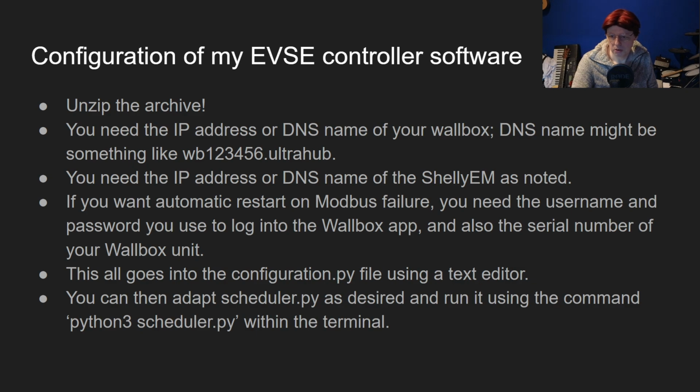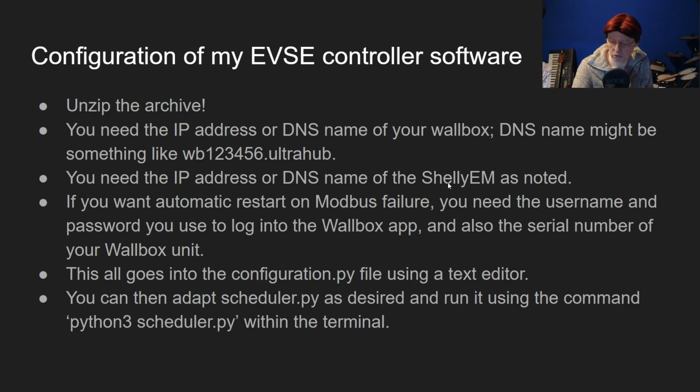You need the IP address or DNS name of your wallbox, and it's going to be something like wb1234556.ultrahub. Ultrahub again is the domain of your local devices. This is going to be your serial number, probably. You already determined the IP address or DNS name of the Shelly EM the last time, for the last slide.